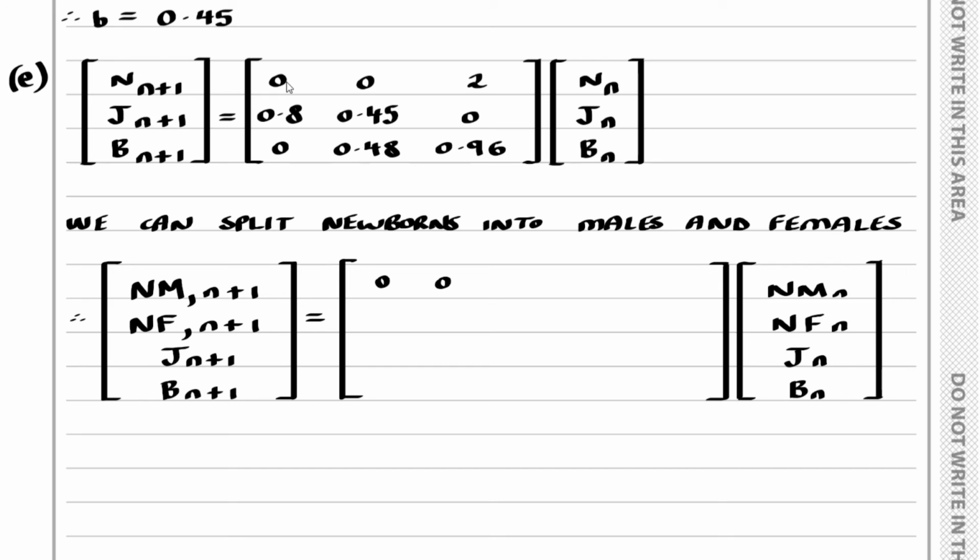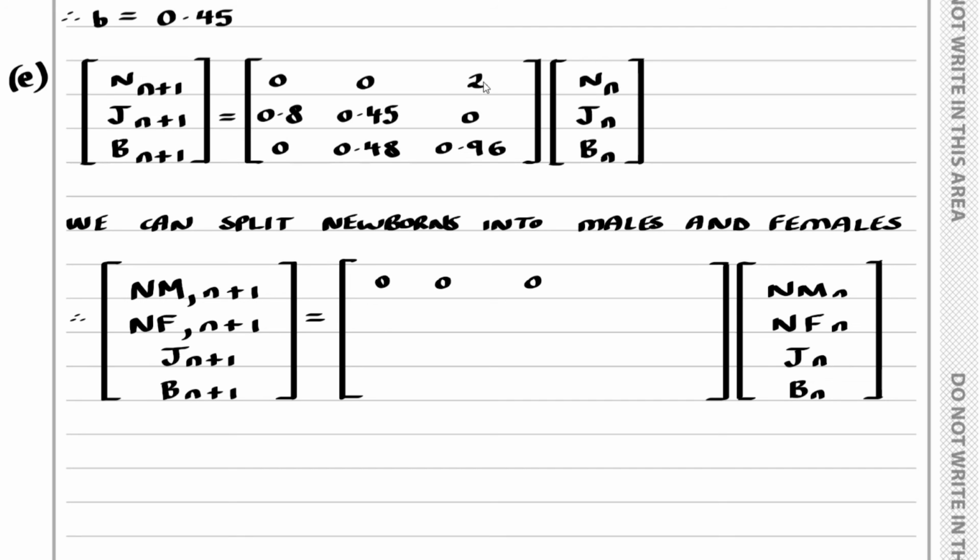But 42% of the 0 is 0, and 58% of the 0, which is female, is 0. Then we've got this 0, which corresponds to the juvenile, and that remains as it is.